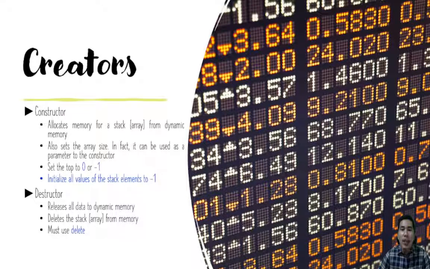Since our stack is going to be array-based, we're going to have a fixed size for our array stack. And then for destructor, this is useful for destroying the object of the stack so that it will free some space from our memory. Basically, it is going to delete the object of the stack from our memory.